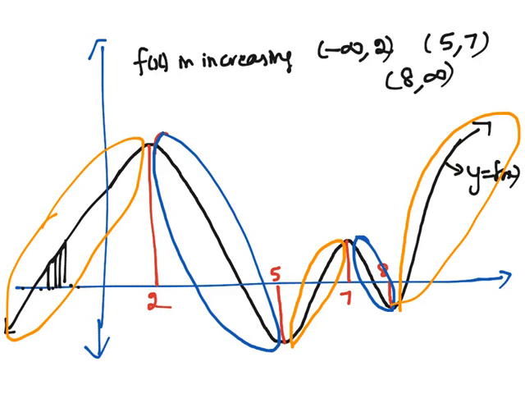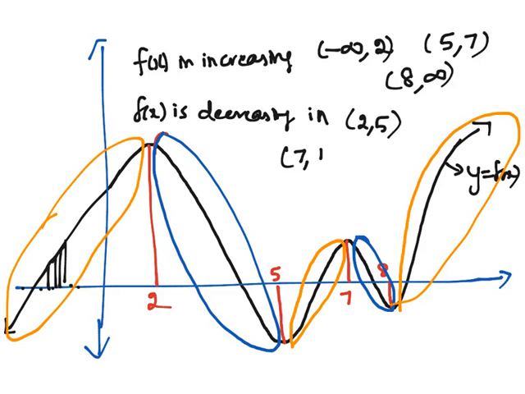Where is it decreasing? f of x is decreasing in the interval 2 comma 5, and it is also decreasing between 7 and 8.